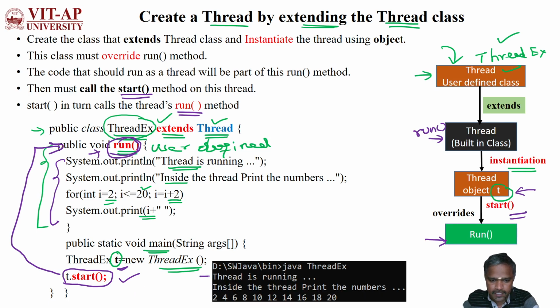This displays the first statement, thread is running, then the second statement, inside the thread print the numbers, which executes 10 times from 2 to 20, right? So this prints the values from 2 to 20 with step 2. This is the action portion of the newly created thread t.